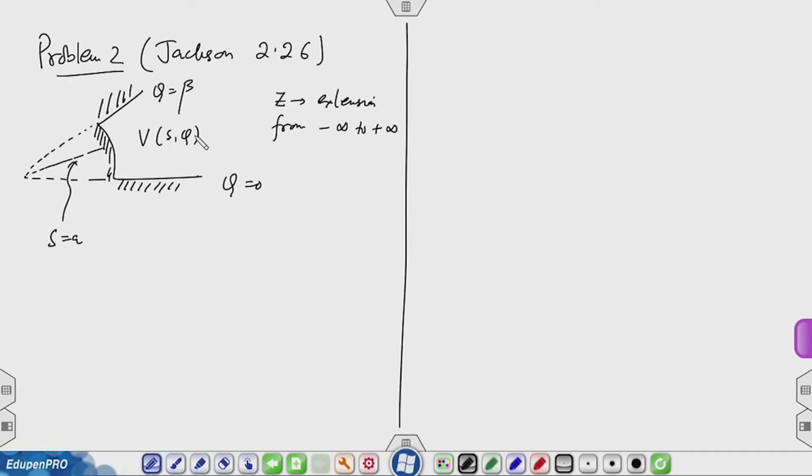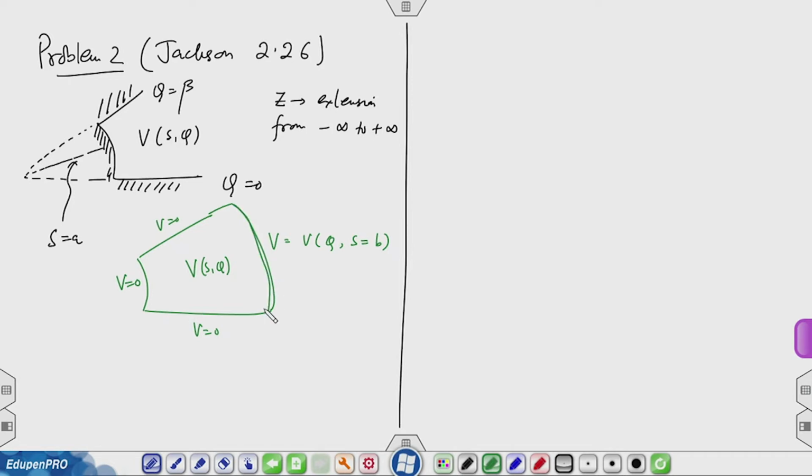You are given the boundary condition at far distance in some form. So, I could actually have something like this region where I have been given V equals 0 here, V equals 0 here, V equals 0 here, and V equals some V(phi) at s equals, let us say, b. That could be one possibility, and I want to find V(s,phi) in this region. There could be another possibility that this could be a constant.